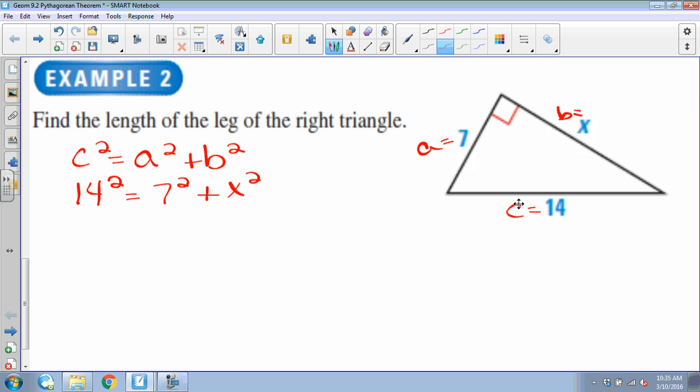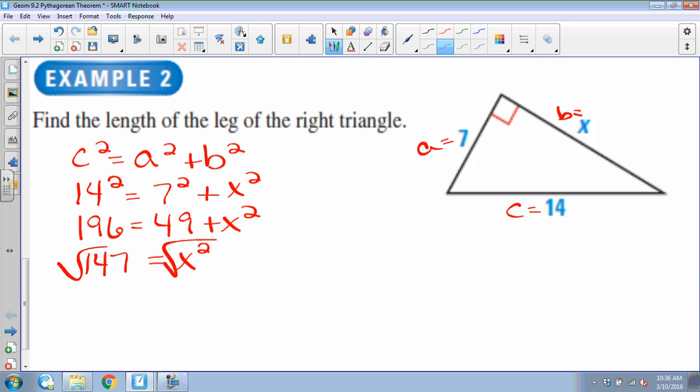So 14 squared is 196, equals 49 plus X squared. Then we subtract 49 from both sides, 147. So you get X squared equals 147. And then you have to take the square root of both sides, and we need to simplify that radical.